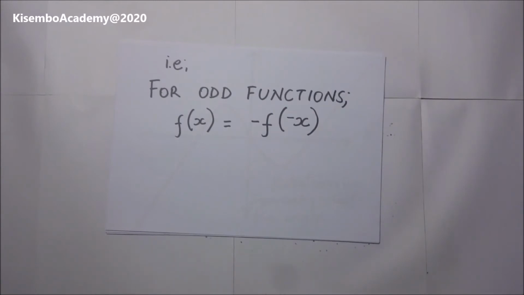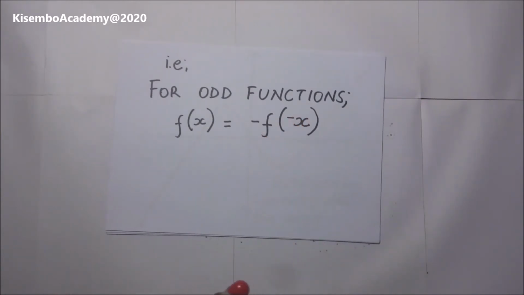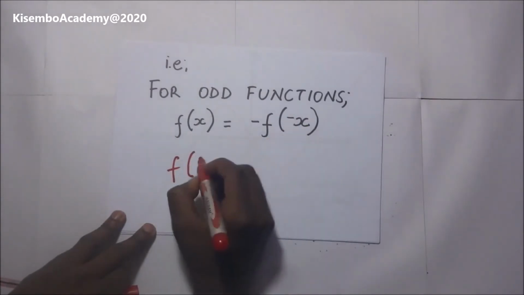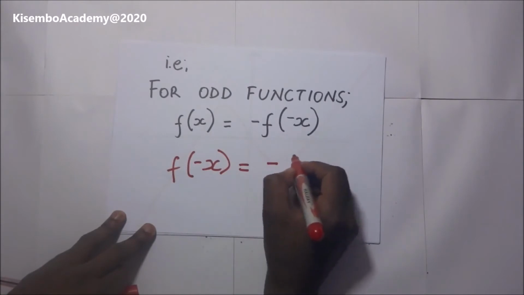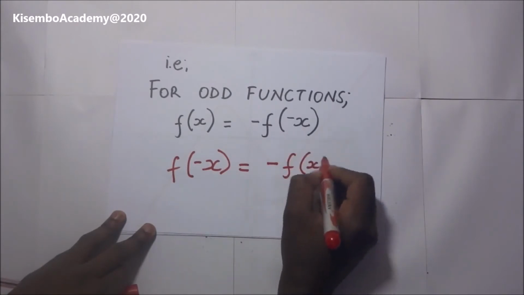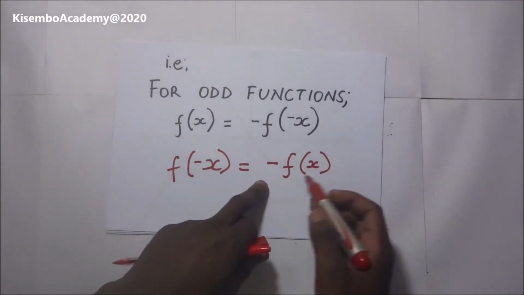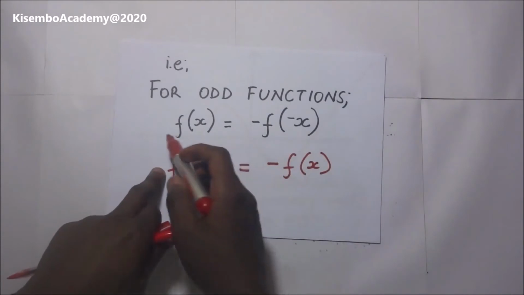This is more accurately put when we say that when we put a negative value in there, it's going to return a negative, like that. And of course, if you multiply by negative on both sides, it turns out to be this expression.